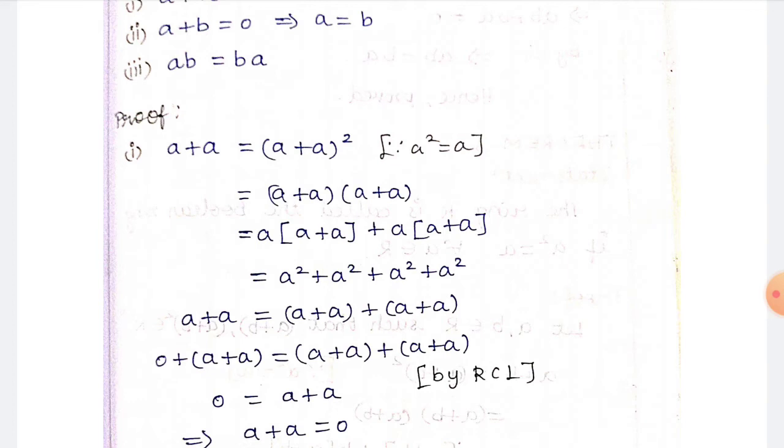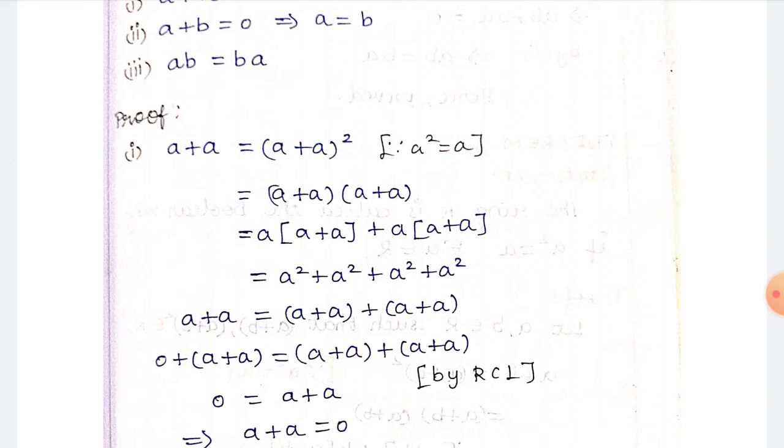So instead of a you have a plus a, so a square means a plus a the whole square. So a plus a the whole square can be written as a plus a into a plus a. In the next step you have to use the distributive law: a dot a plus a plus a dot a plus a. In the next step, a square plus a square plus a square plus a square.